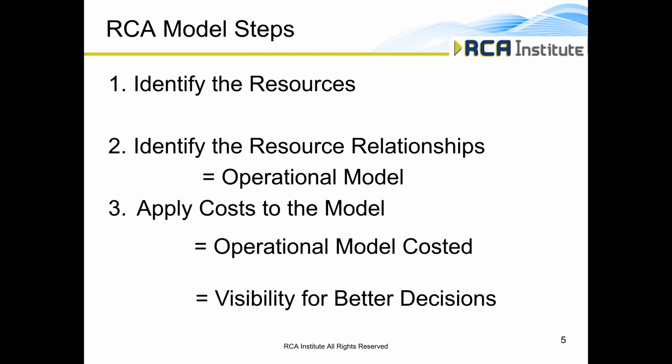And that may require not just going to the general ledger, it may actually require collecting data that previously hadn't been collected. But the idea is that the cost information needs to reflect the operational model. That gives you an operational model that's costed, and all of that means visibility for better decisions.